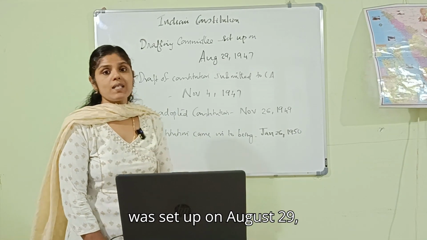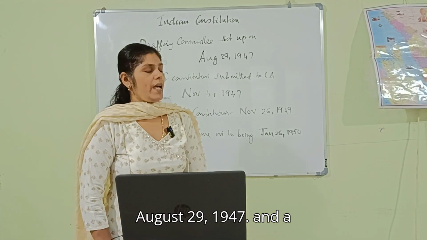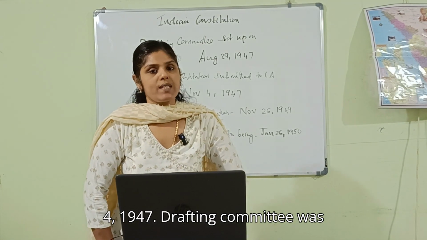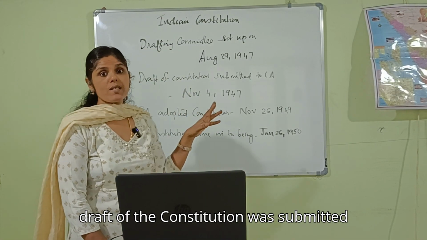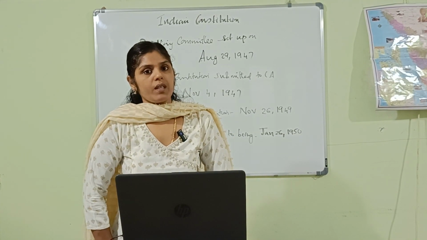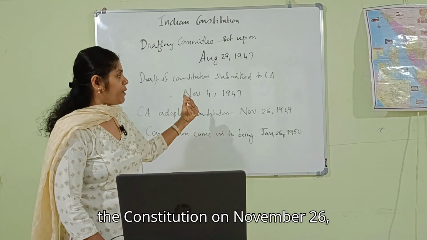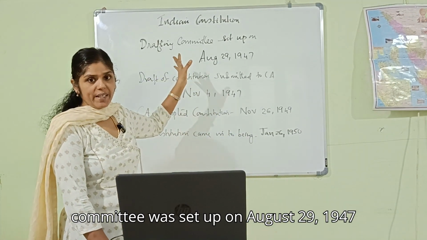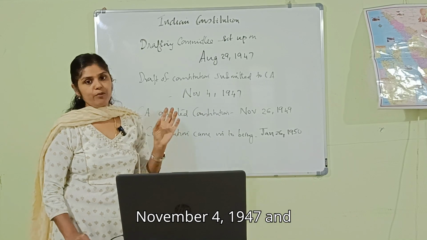The drafting committee was set up on August 29, 1947. A draft of the constitution was submitted to the Constituent Assembly on November 4, 1947.